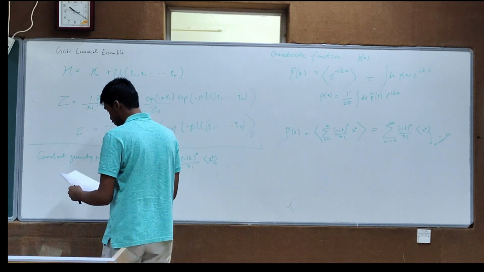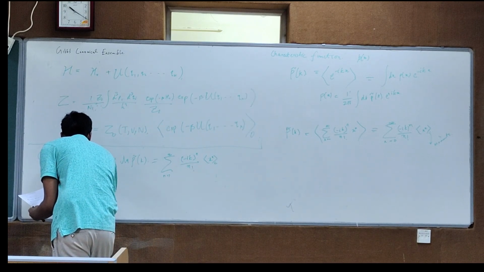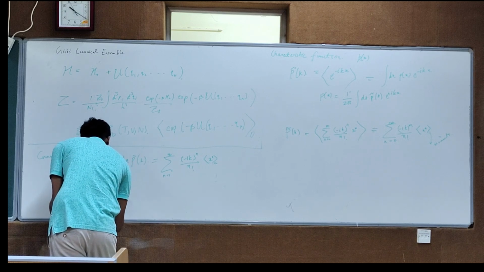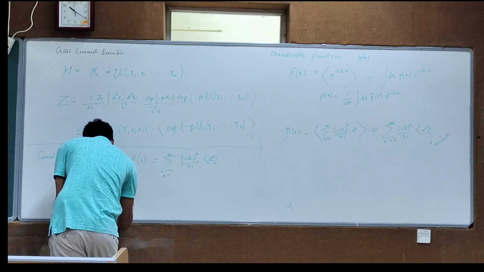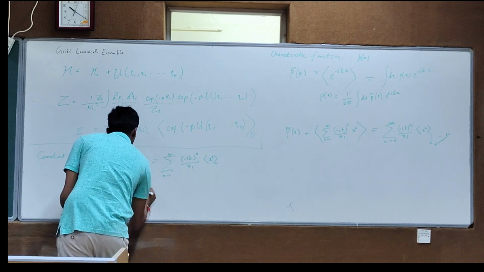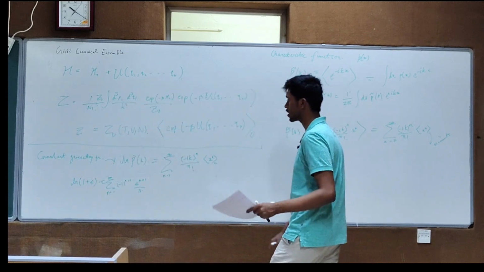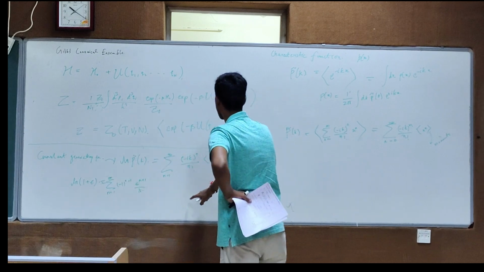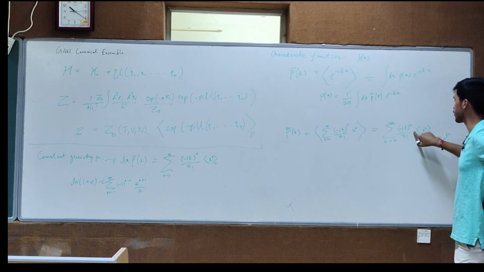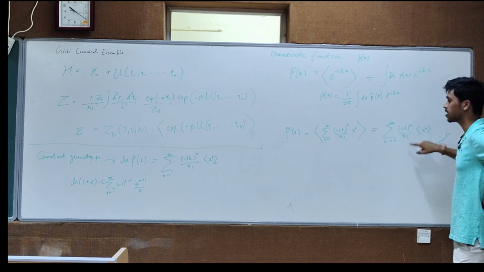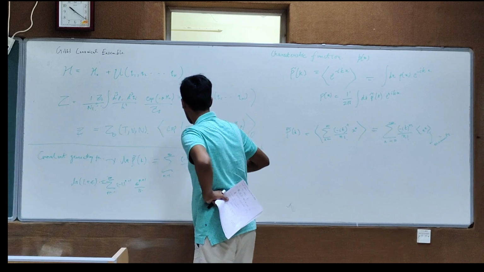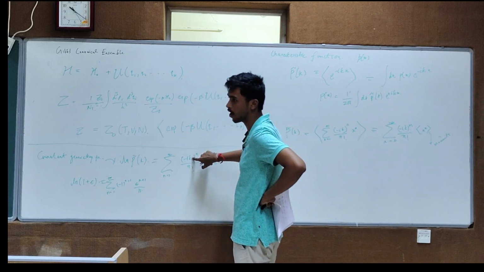If you know the Taylor series of log of 1 plus epsilon, it is basically a sum over n equal to 1 to infinity. You can apply this log of 1 plus epsilon expansion to this guy, because you know the first term is just 1, and you collect all the terms which have k to the power n.